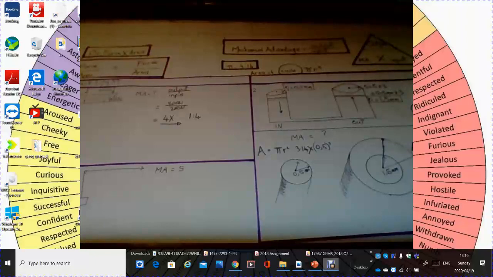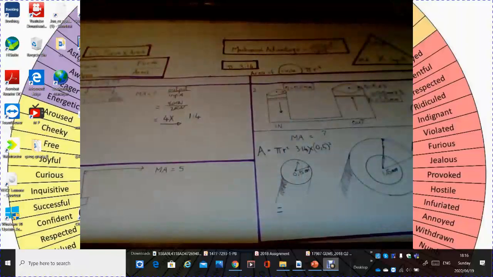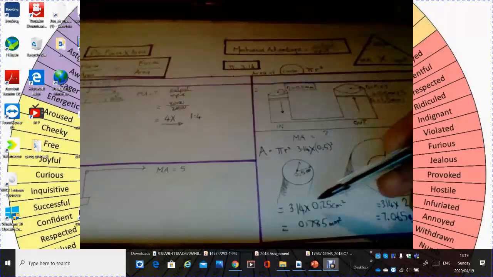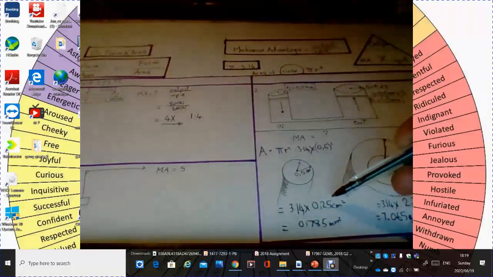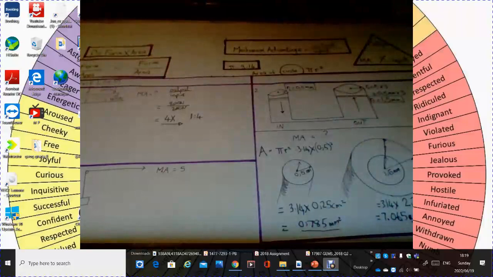So let's work out what the area is of each of these. 3.14 times 0.25 equals 0.785 millimeters squared. The other equals 7.065 millimeters squared.